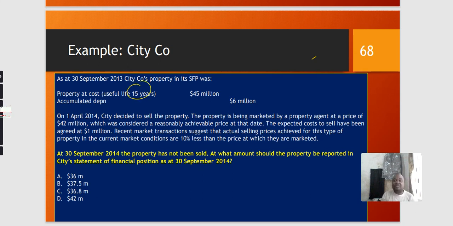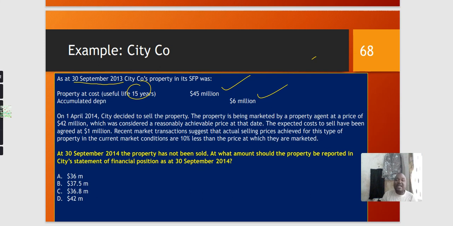Don't ignore those figures. Also, don't ignore the dates. At 30 September 2013, the statement of financial position was showing property with a useful life of 15 years, having a cost of 45 million and accumulated depreciation of 6 million.